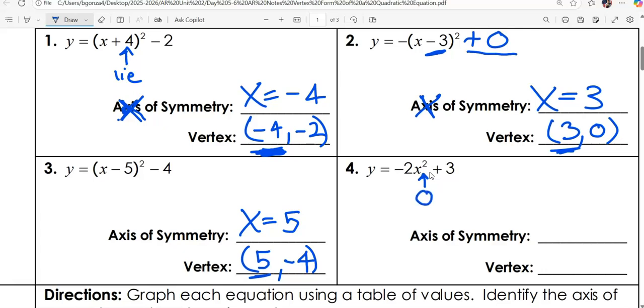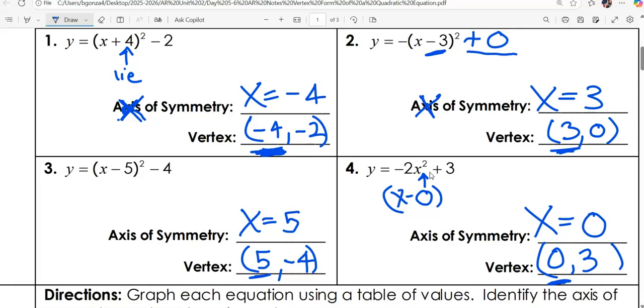It's like saying x minus 0. So what's the vertex going to be? The x value has nothing, so it's 0. And the y value is a +3. X equals what? 0, the x value of the vertex.